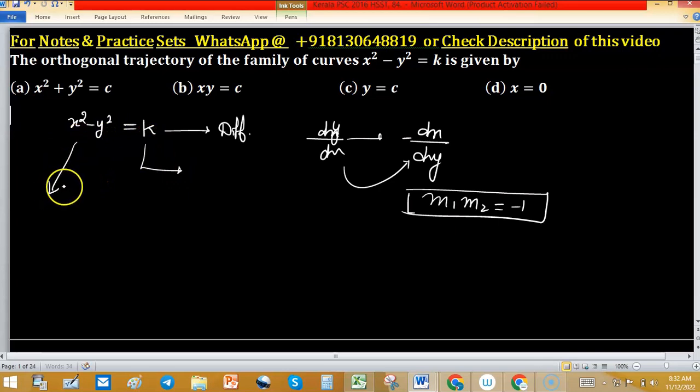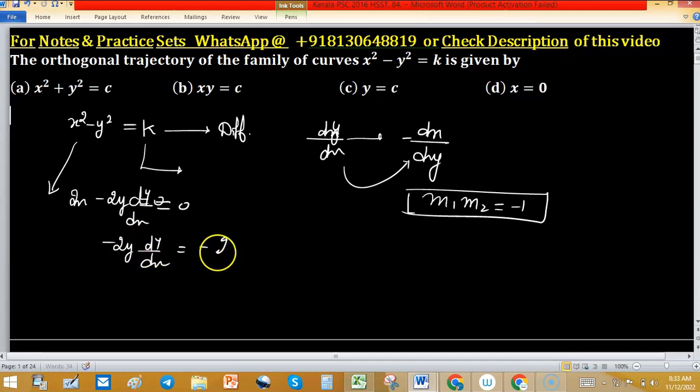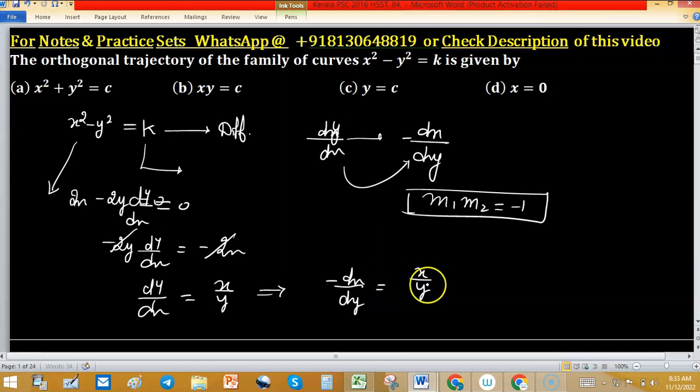So the first step is to differentiate this equation, that will be 2x minus 2y dy over dx equals 0. Now minus 2y dy over dx equals minus 2x, minus 2 cancels out by minus 2. Now dy over dx equals x over y. Replacing, what we have is minus dx over dy equals x over y.